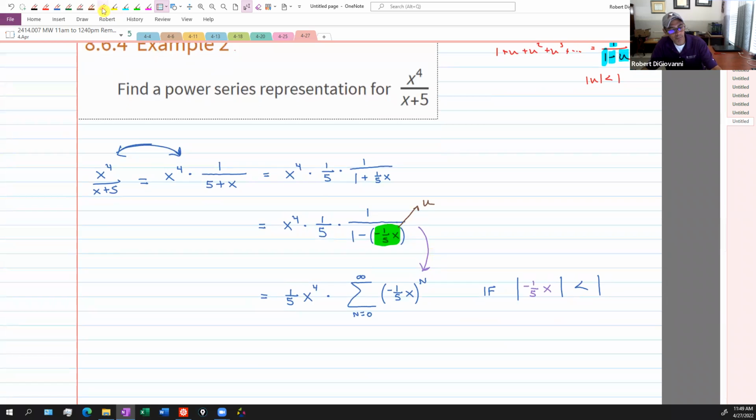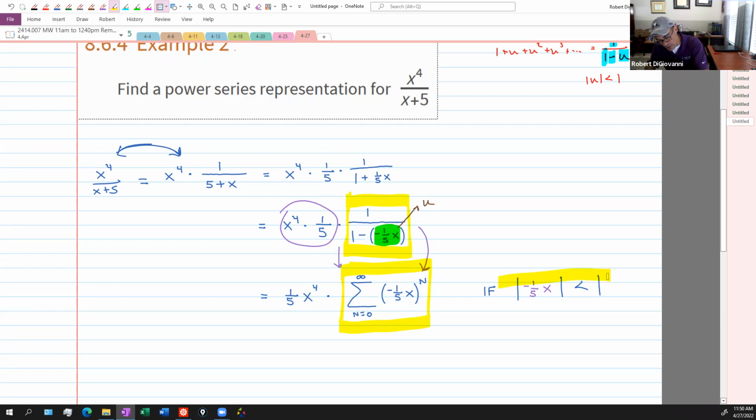So I'm not pulling this out of a summation because I haven't even done a summation yet. My next step is converting this in yellow to its series under this condition. And that ties into that up there. We still have this sitting out here. I'm not done with this.